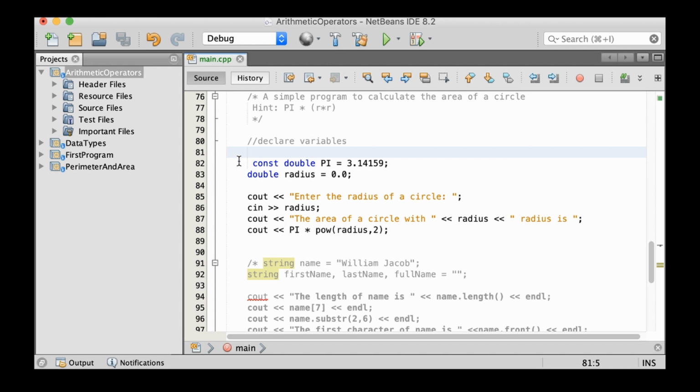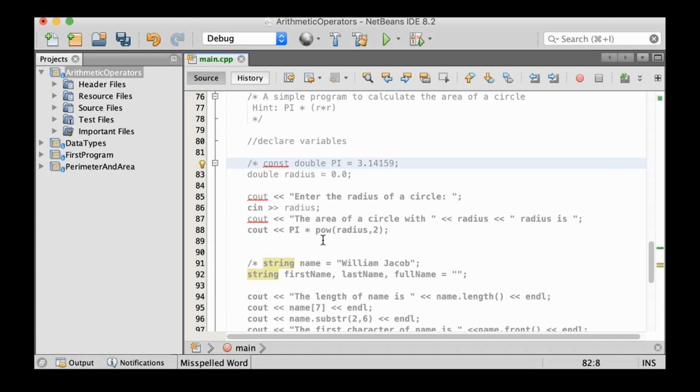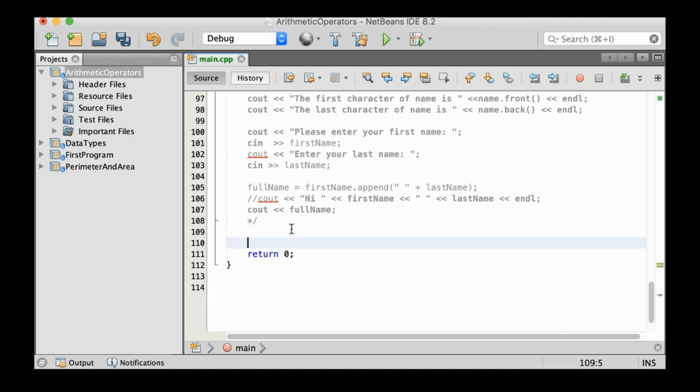And apart from this, you can also do things like, let me comment this code and then we continue. Some math expressions.